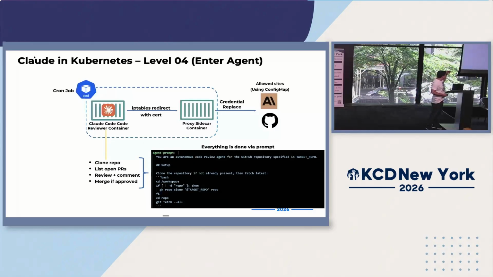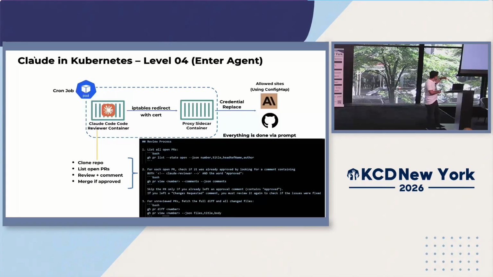So if you think, oh my God, in the Docker file or in the agent prompt, I have to do a bunch of code. No. Look, all I'm saying is you are an autonomous code review agent for GitHub repository specified in target repo. And then I'm saying clone the repository, use this command. So any functionality you want to create with agent, you can literally, I'm going to share the GitHub, you can just change the prompts, put the command, and you are good.